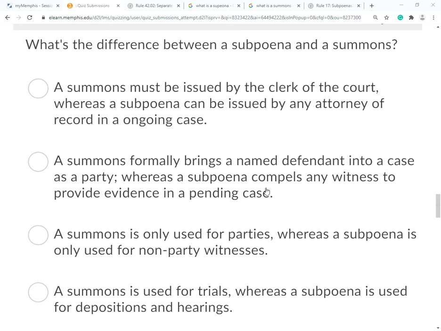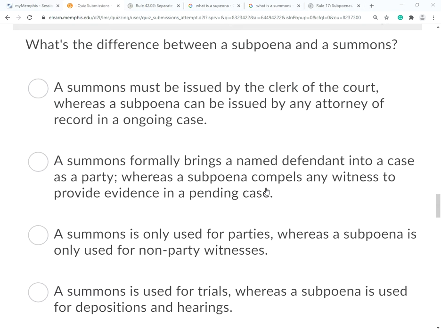The first one says a summons must be issued by the clerk of the court, whereas a subpoena can be issued by an attorney of record in an ongoing case. Or, a summons formally brings a named defendant into a case as a party, whereas a subpoena compels any witness to provide evidence in a pending case.